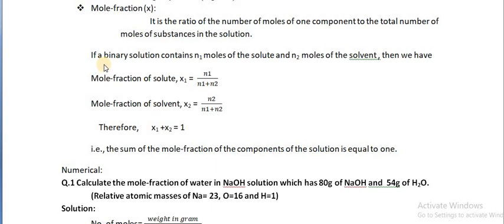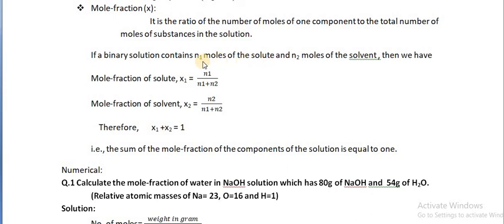Say for example, if you take a binary solution, it contains N1 moles of the solute and N2 moles of the solvent. In a solution we always have 2 parts, one is solute and the other is solvent. Solute is the part that gets dissolved and solvent is the substance that helps to dissolve.